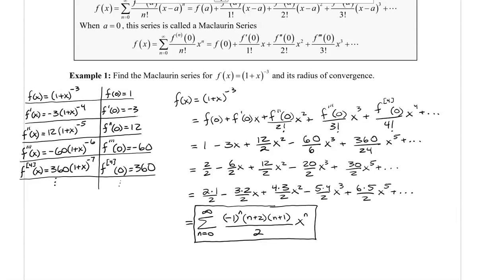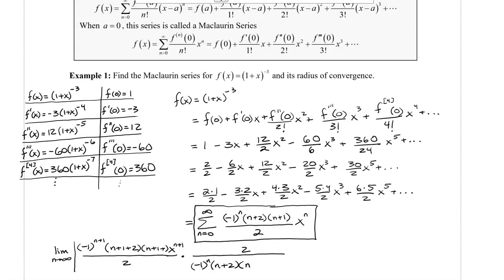Next, let's find the radius of convergence using the ratio test. Simplifying this down, we get the limit as n approaches infinity of (n plus 3) over (n plus 2) times absolute value of x.